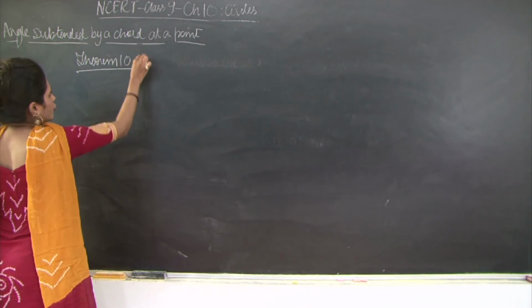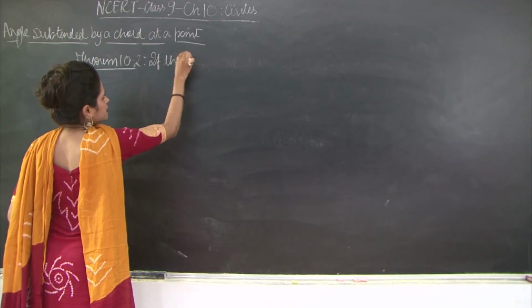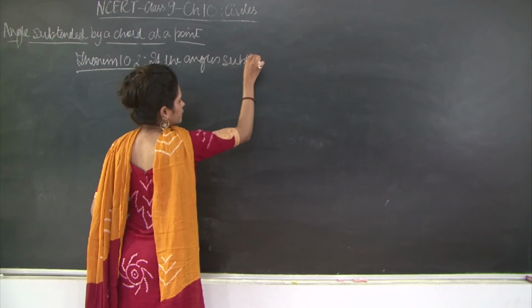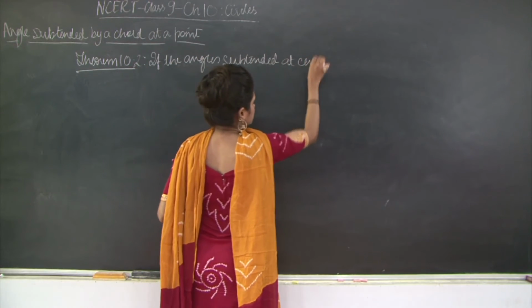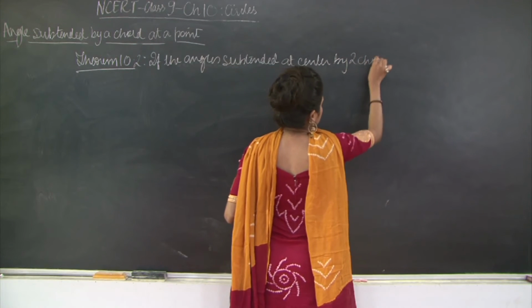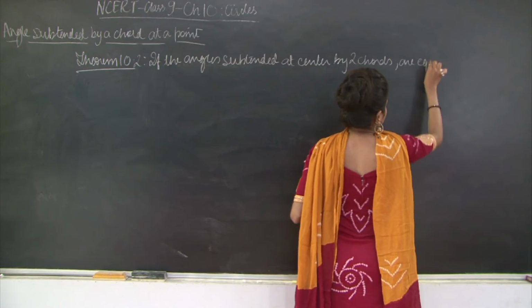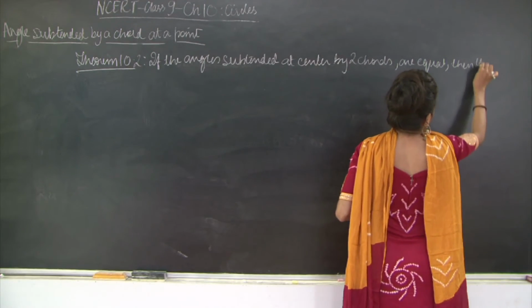So Theorem 10.2 is the converse, that if the angles subtended at the center by two chords are equal, then the chords are equal.